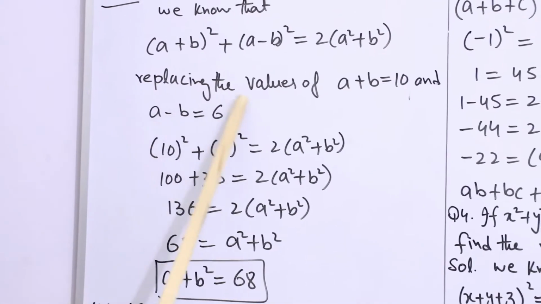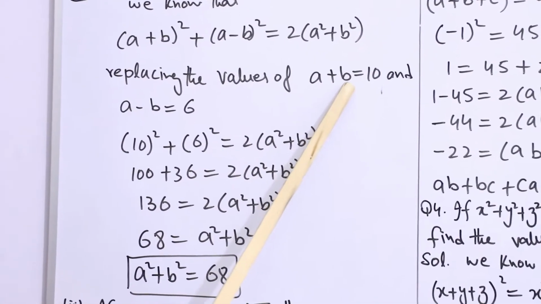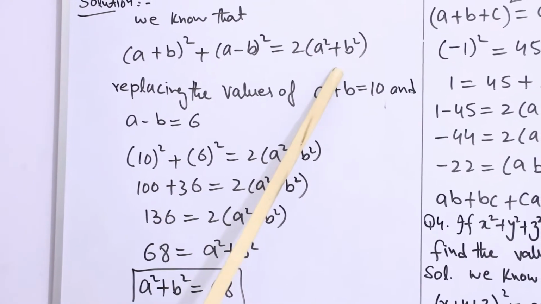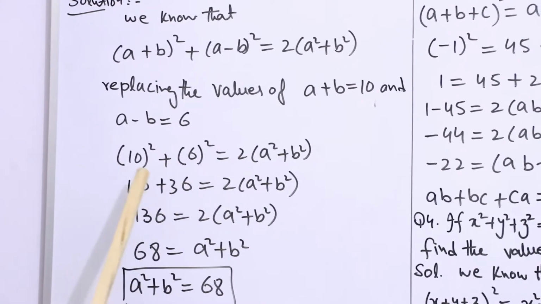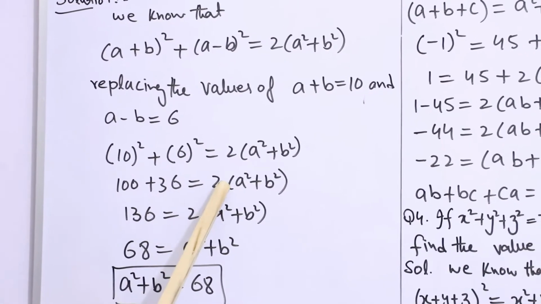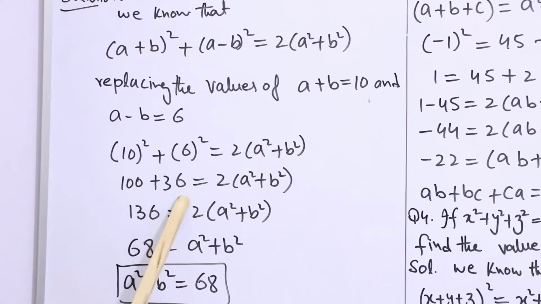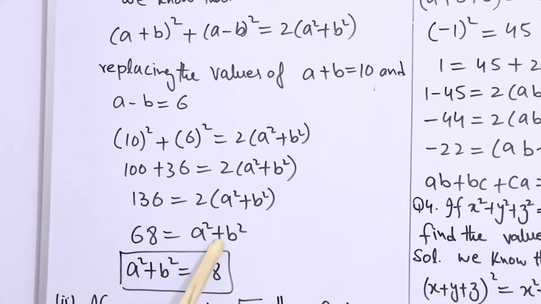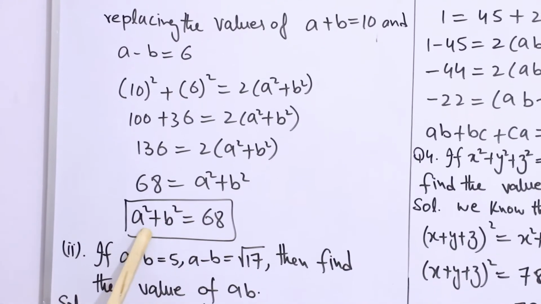Now replacing the values of a + b = 10 and a − b = 6 in this formula, we have 10² = 100 and 6² = 36. Adding, and now dividing both sides by 2, a² + b² is equal to 68. So that is required.